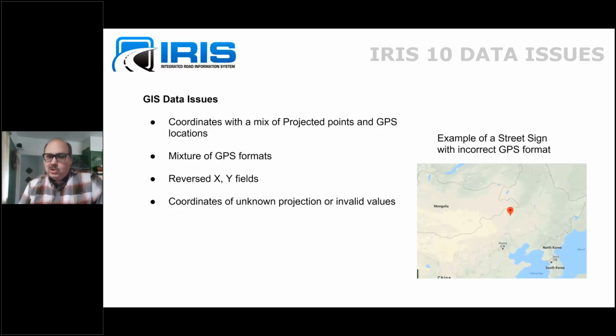We also had a mixture of GPS formats. Sometimes they would use eastings, sometimes westings. It was basically a mix. And sometimes they reversed their X and Y fields. And there are some cases where we just don't know what these values represent because we can't make heads or tails out of them.